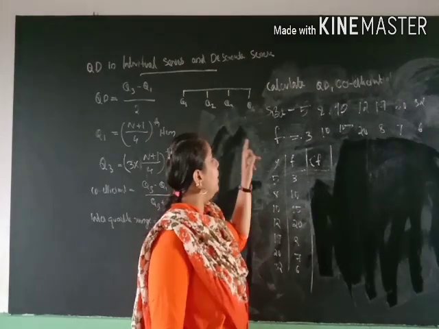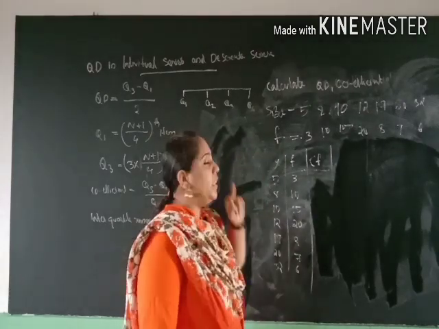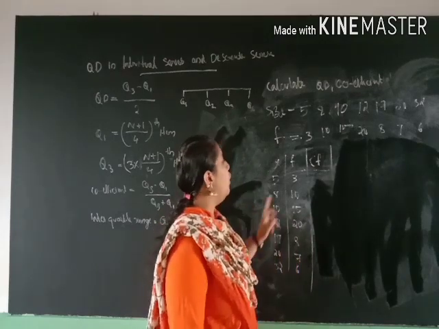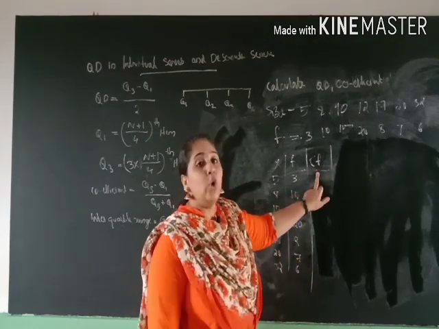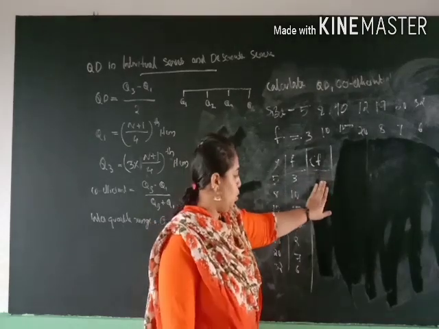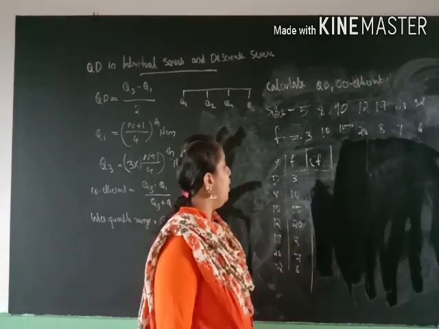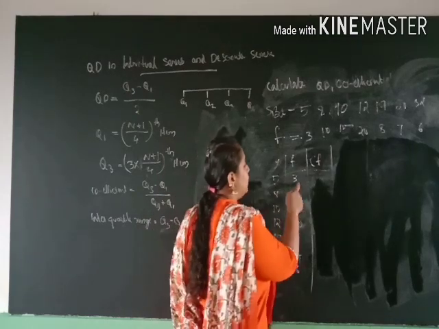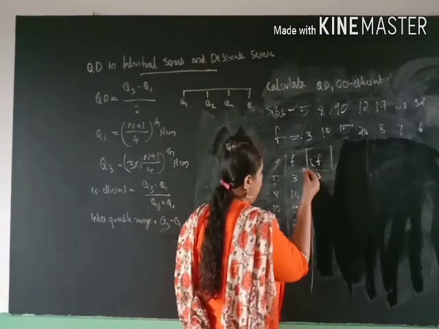So, when we want to calculate quartile deviation in a discrete series, first of all, we want to calculate the cumulative frequency. You know what cumulative frequency is? Frequencies are added. Here the first frequency will be 3.